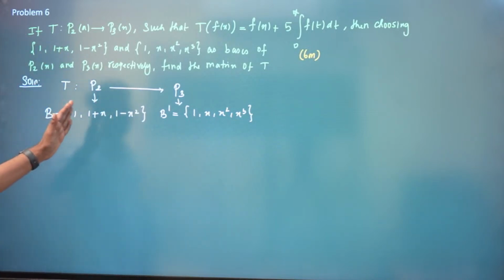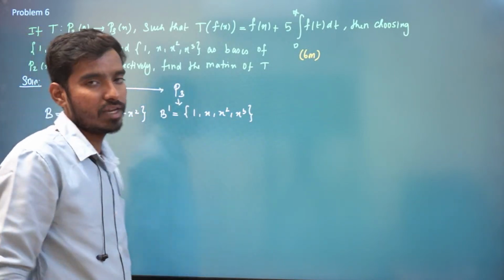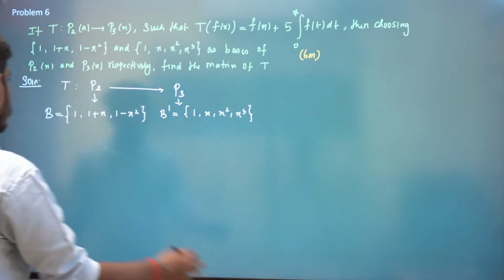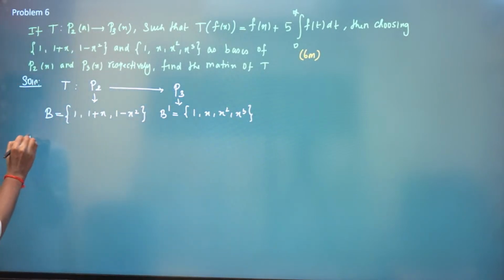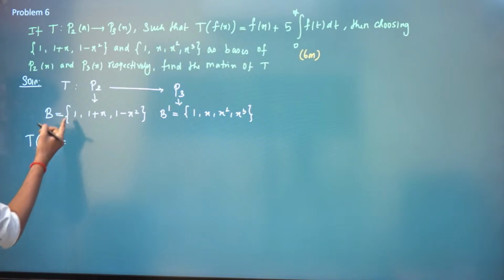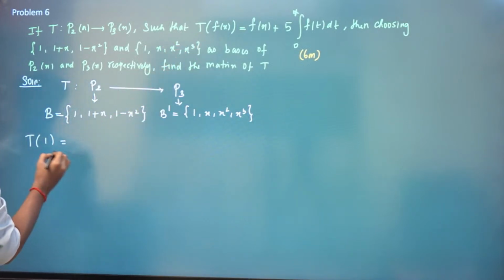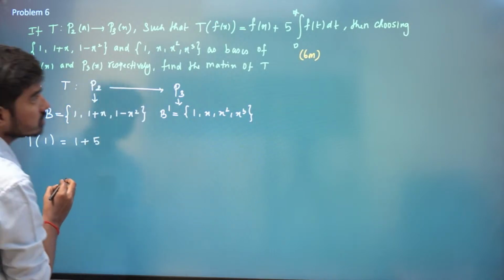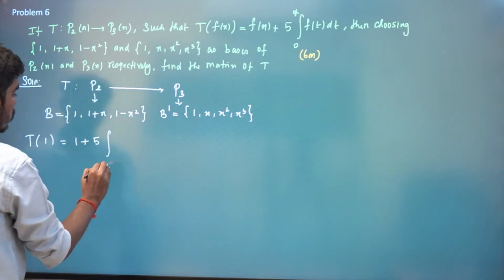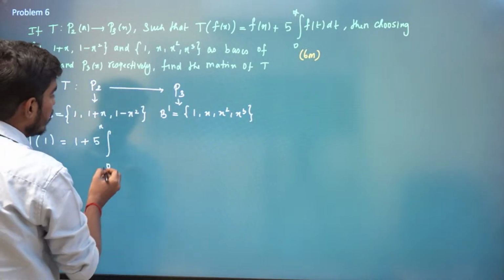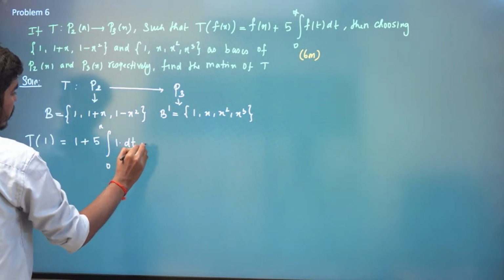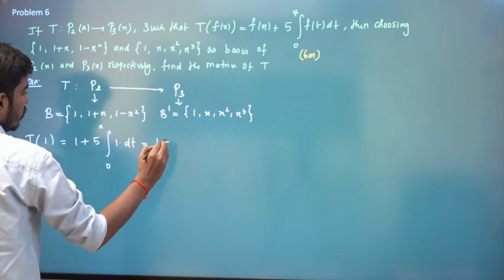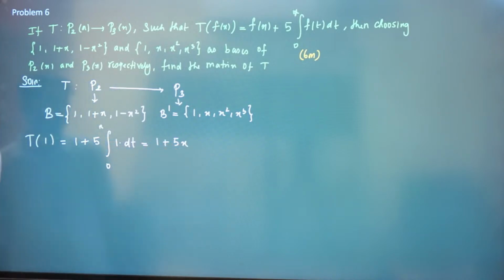So we will find T of 1, T of 1 plus x, T of 1 minus x square. First we will find T of 1. So our f of x is 1. So 1 plus 5 times integration of 0 to x of 1 times dt. So this will be what? 1 plus 5x. Yes or no?